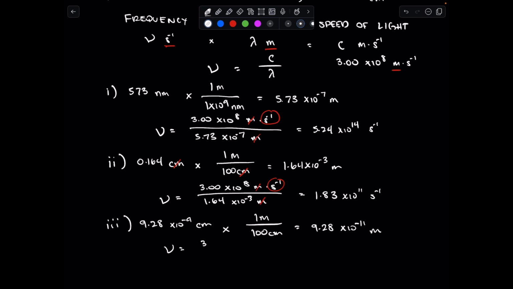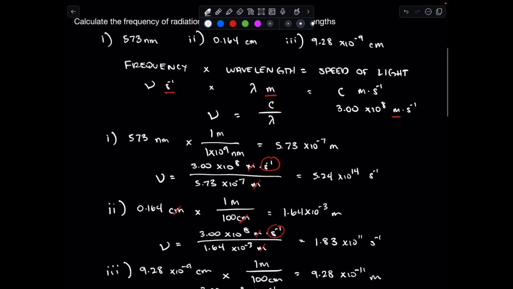So nu is going to be equal to the speed of light, 3.00 times 10 to the 8 meters per second, divided by our new number, 9.28 times 10 to the minus 11 meters. Again, our units of meters will cancel because they are on top and the bottom of our fraction. And this will be equal to 3.23 times 10 to the 18 per second.